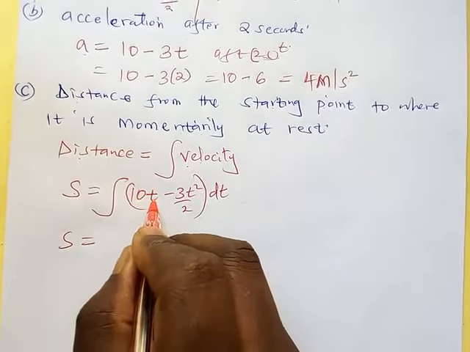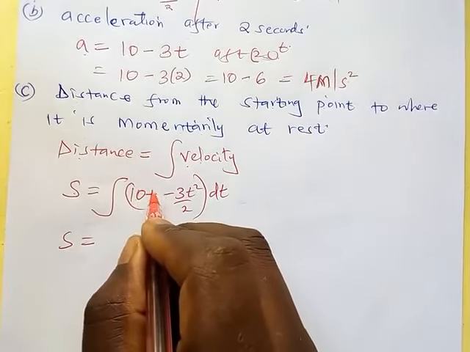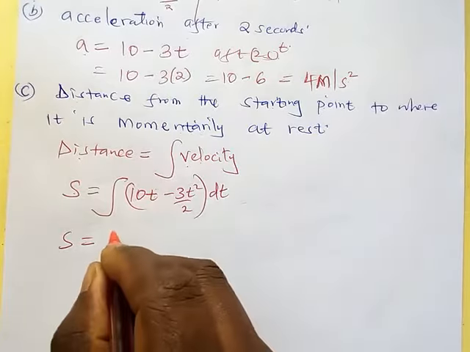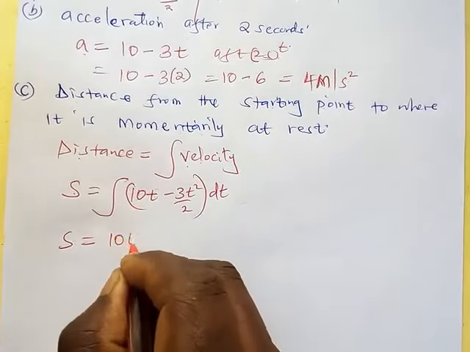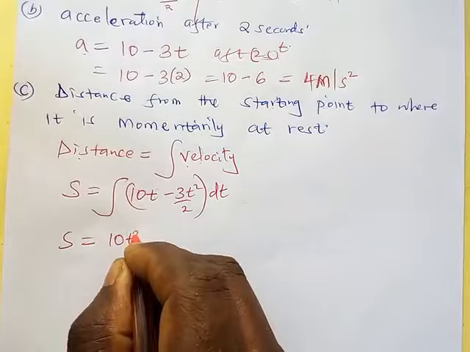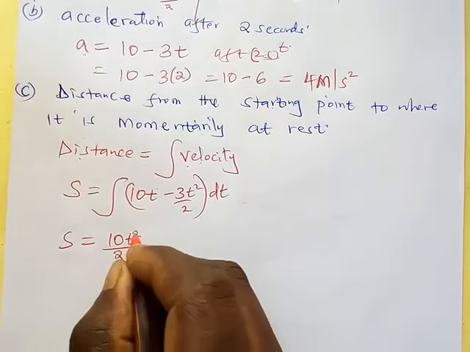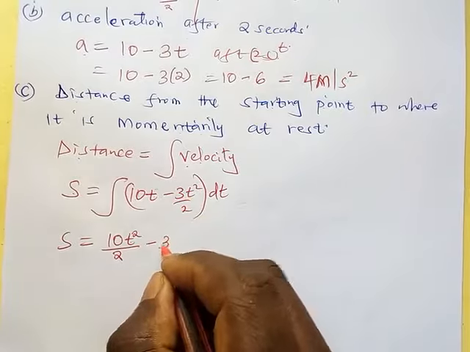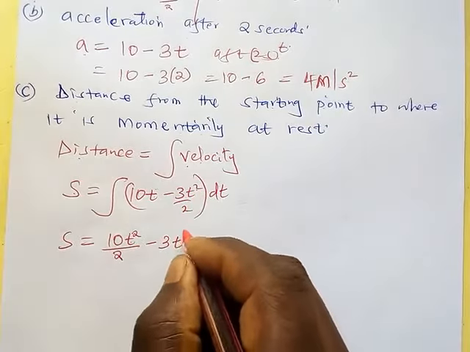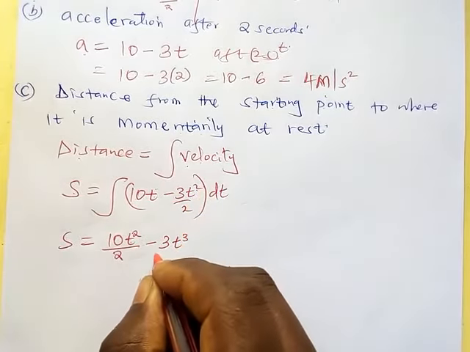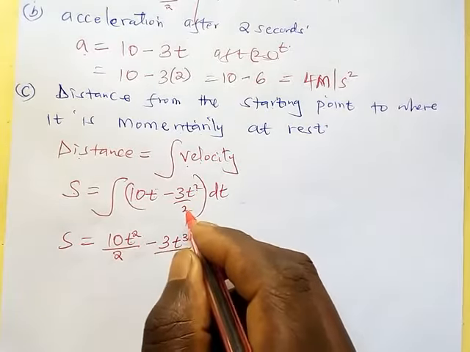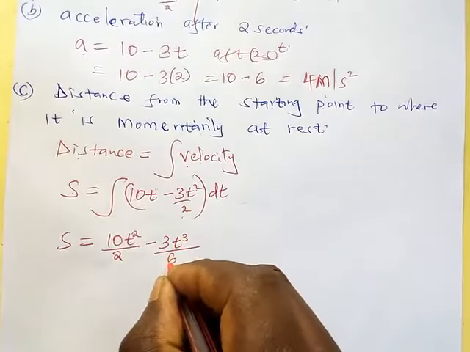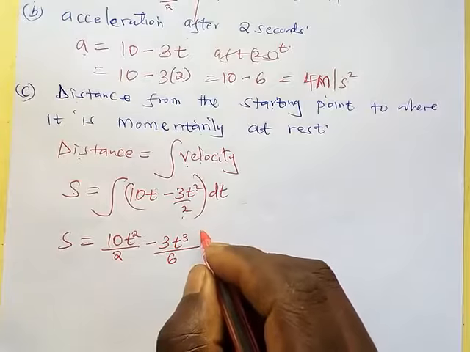This is 10t, this t is raised to power 1, so we add 1 and divide by 2. This is going to give us 10t squared divided by 2, minus 3. This is 2, so 2 plus 1 is 3, divided by 2 times 3, which is going to give us 6. Right?